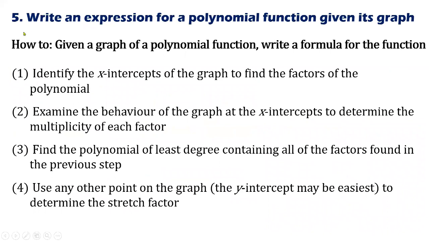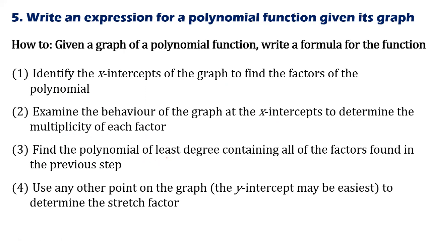The next key point is how do we write an expression for a polynomial function given its graph? So usually that involves 4 steps. First one is to identify the x-intercepts of the graph to find the factors of the polynomial. Second, examine the behavior of the graph at the x-intercepts to determine the multiplicity of each factor.